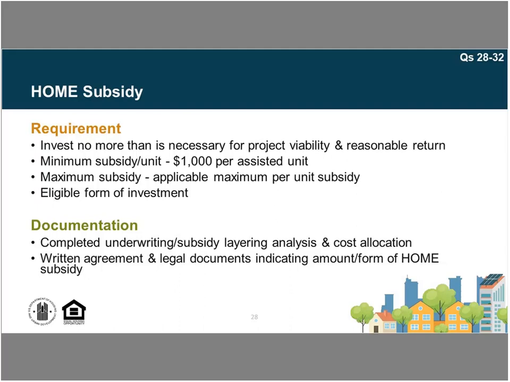Just make certain that the form of investment you're doing is one of those that's permissible under 92.205, or that you have gotten HUD approval of the form of investment you're going to use through your consolidated plan annual plan submission.